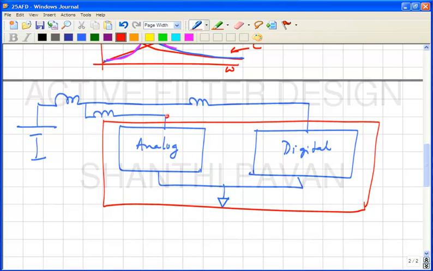So, you route the supplies to the analog and the digital portions separately, and you put bypass capacitors here, here and here. Why does this make more sense?